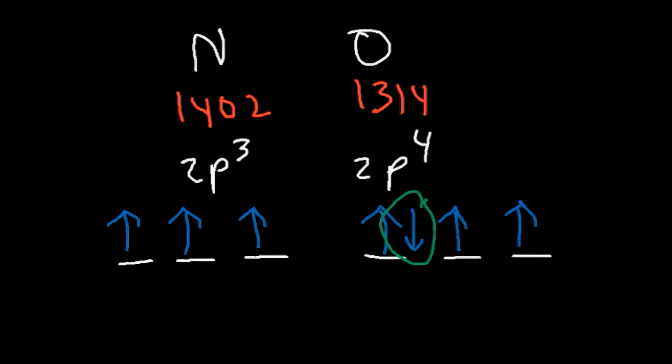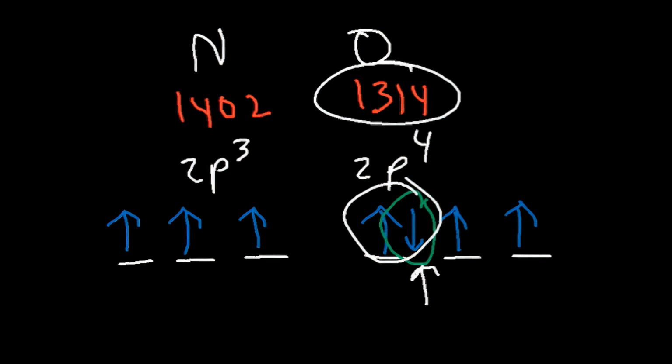And due to the electron repulsion between the 2 electrons in this orbital, that allows this electron, the one being removed, to be removed with ease. Because that electron is being repelled by the other electron in that orbital, it doesn't take much energy to remove that valence electron. And that's why we see this drop in ionization energy: it is due to the electron repulsion between these 2 paired electrons.